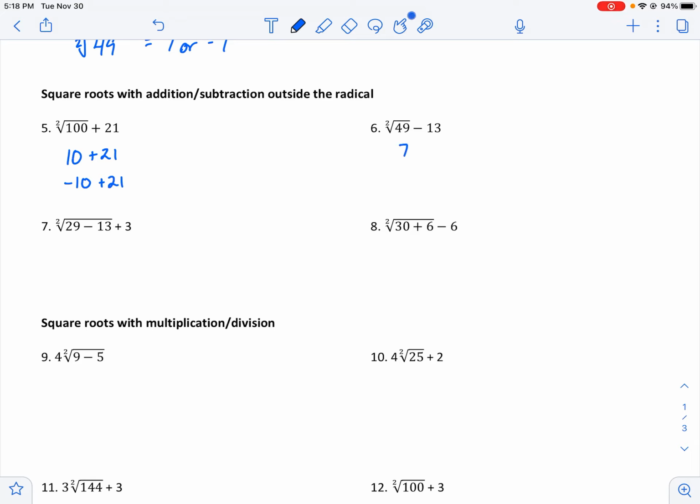It could be 7 minus 13, or it could be negative 7 minus 13. And you'll get 2 answers. So you'll get 31 or 11. And here you would get negative 6 or negative 20.